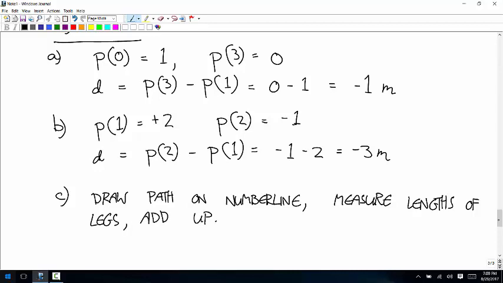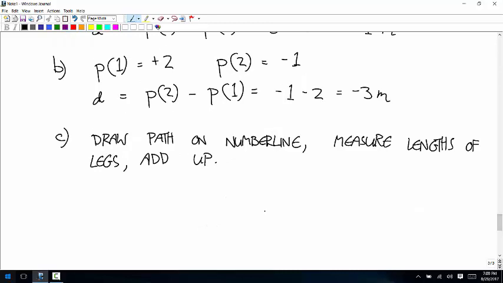So let's take this graph and just put it on a number line. A number line doesn't have any time information included. It just shows the path that the thing traveled.